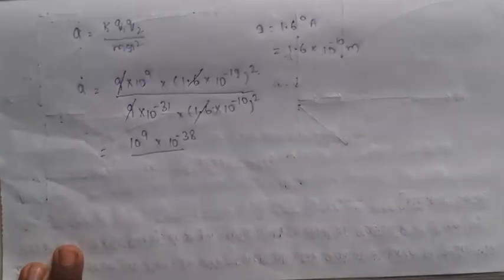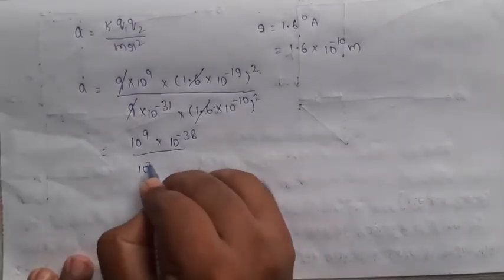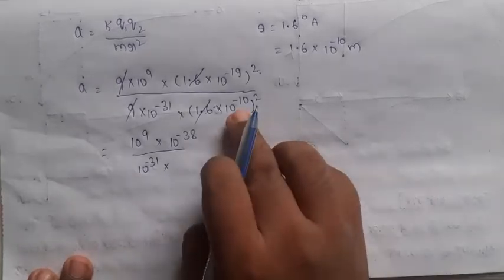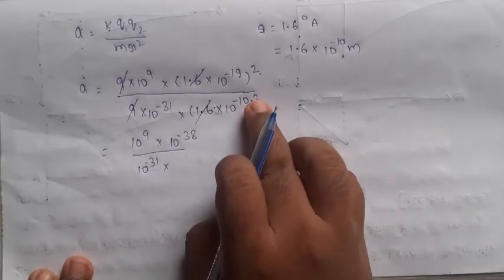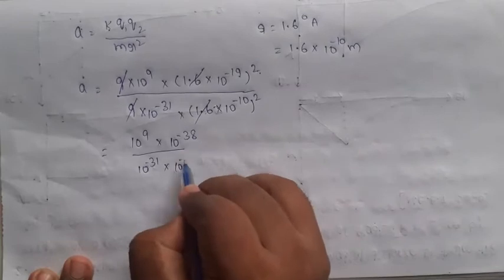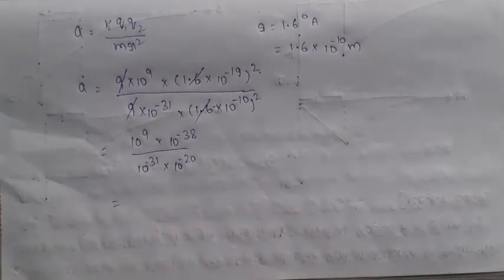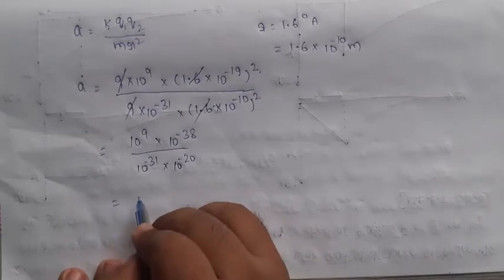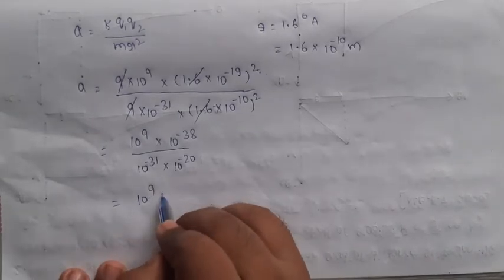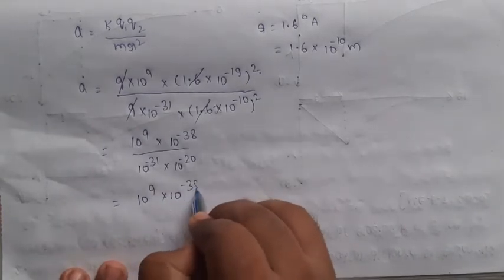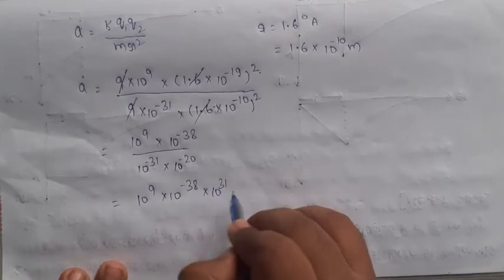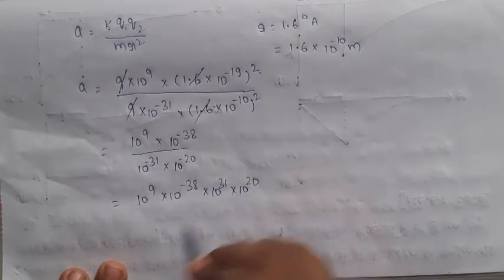In the denominator, 10 to the power of minus 31 into 10 to the power of minus 10 whole square, which is 10 to the power of minus 20. So the denominator terms move to the numerator and become positive. So 10 to the power of 9 into 10 to the power of minus 38 into 10 to the power of 31 into 10 to the power of 20.